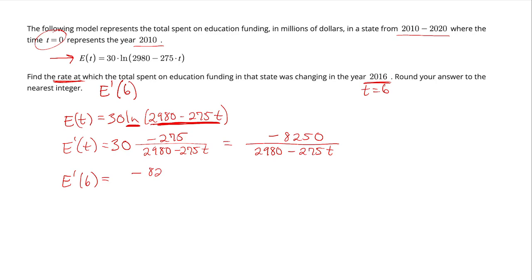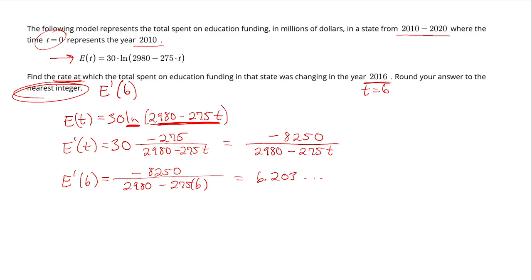So negative 8,250 divided by 2980 minus 275 times 6. All right, so it looks like we get 6.203 and so on. We're supposed to round our answer to the nearest integer. Okay, that makes our lives a little easier.